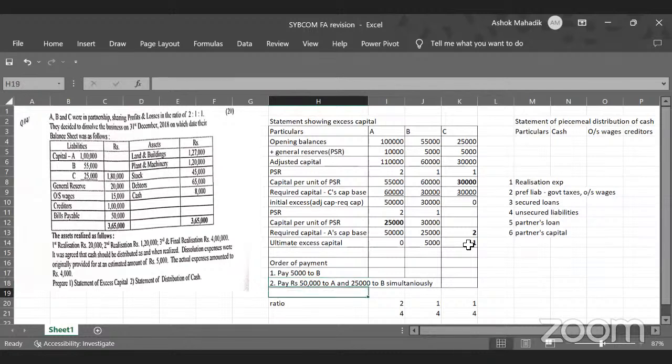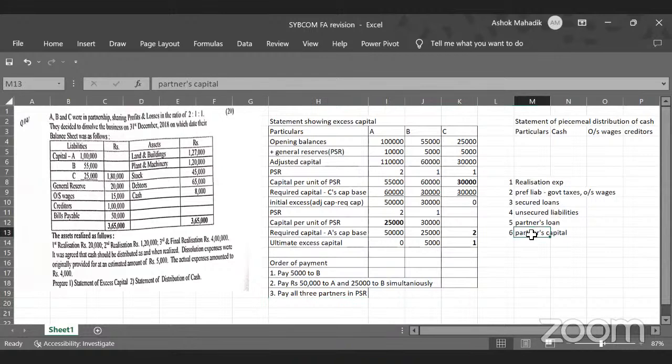Okay, together they will be paid. If cash comes, we will pay in this proportion 2:1. Then last order, third, pay all 3 partners in TSR. So this order we have to remember while paying partners' capital.